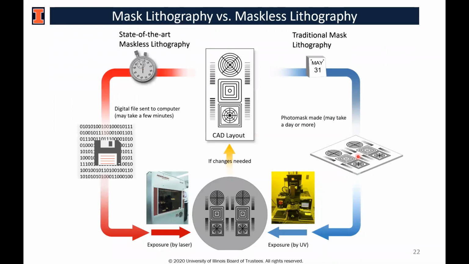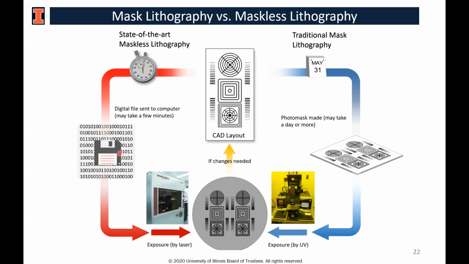Now, mask lithography versus maskless lithography. What we have here is a state-of-the-art maskless lithography on an MLA 150, a Heidelberg. Data in the form of either a DXF or a GDS file is entered into the computer.